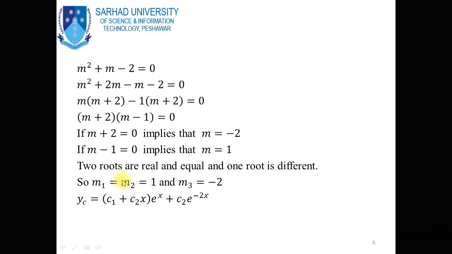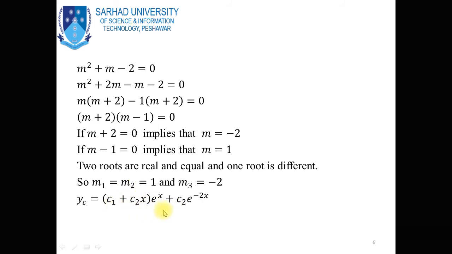Actually m1 and m2 are equal, so c1 plus c2 x into e power m1x, and now plus c2 e power m3x. The m3 is minus 2, while m1 and m2 are equal. So this is the complementary part for the real and different root, and this is the complementary part for the real and repeated roots.